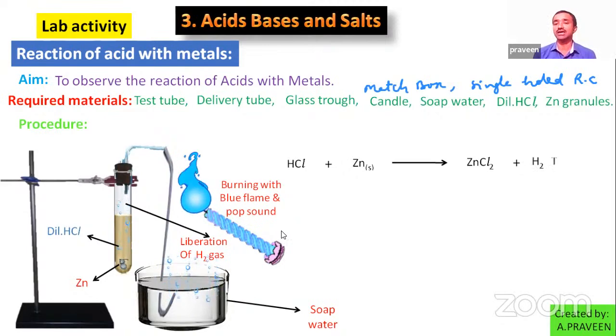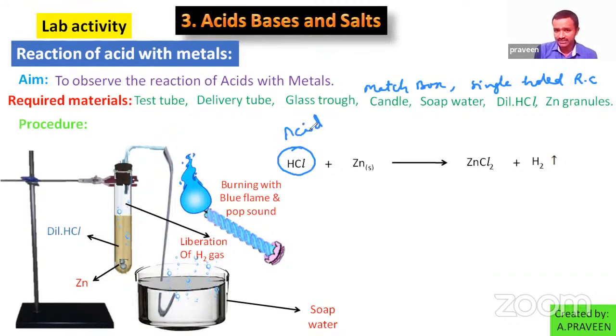So this is the reaction we are writing from this acid and metal, right? This is HCl and zinc. What we can generalize here is that it is an acid, and the metal is added. Then finally I noticed the respective salt and a gas.